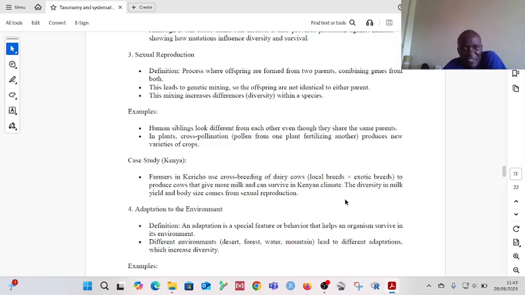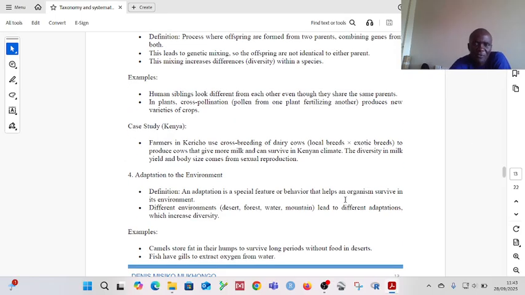Another cause of diversity is adaptation to the environment. We said different organisms live in different environments. If an organism is living in a desert, another one is living in a forest, another one is living in water, another one is living on a mountain, you don't expect these organisms to look the same, because each of them has been forced to adapt or to change so that it can survive in its environment.